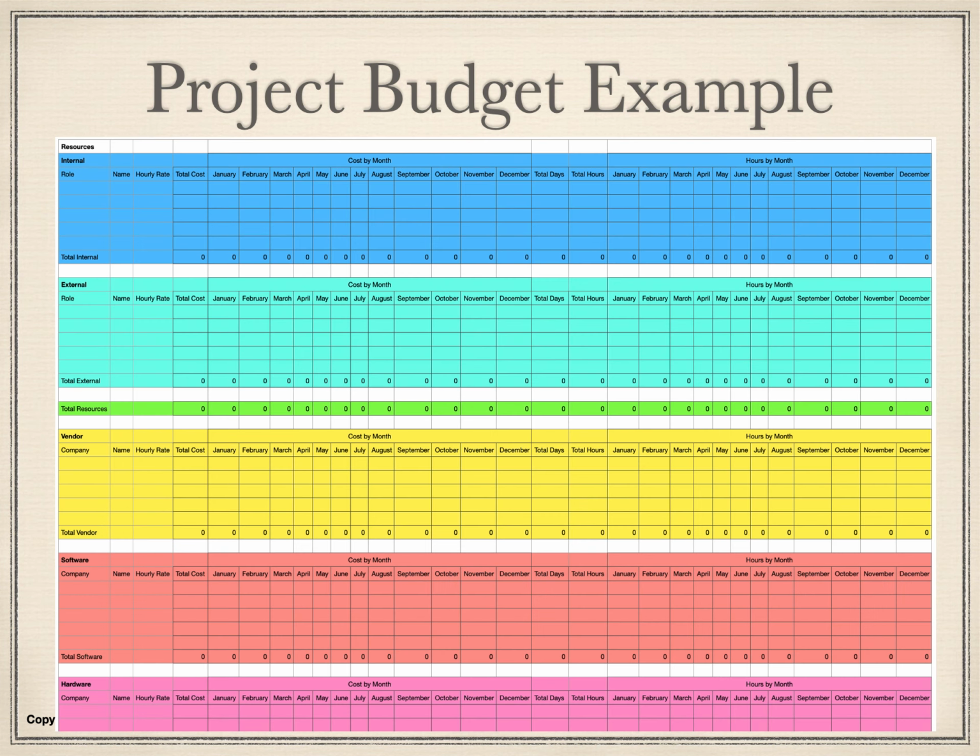Here is an example of project budget tracking sheet. On the left, this table shows the project budget in different categories, including internal labor, external labor, vendor, software, hardware, training, and expense. On the top, the table has estimated effort per month and estimated budget forecast per month for each resource.